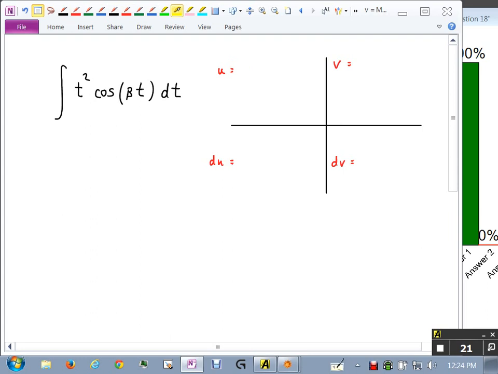What two pieces? U and dv, right? I'm always going to grab those two. All right, the u that you said you wanted me to use was t squared. The derivative of that is 2t dt. Okay, the dv is everything else that you didn't choose. So cosine beta t dt.